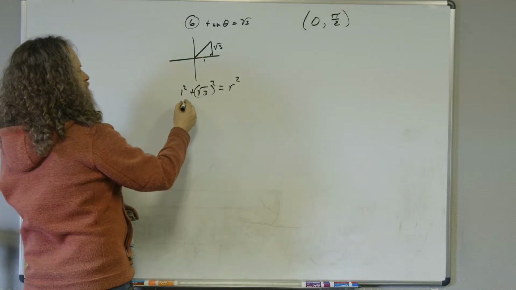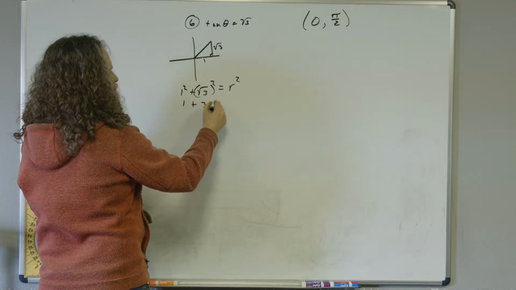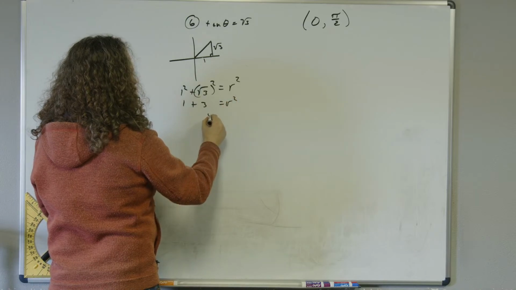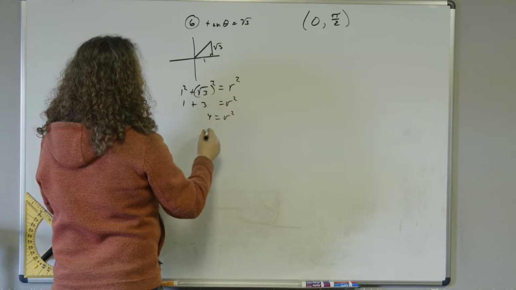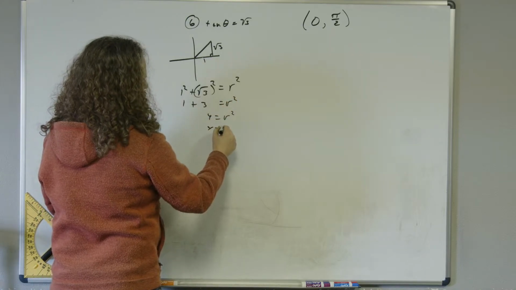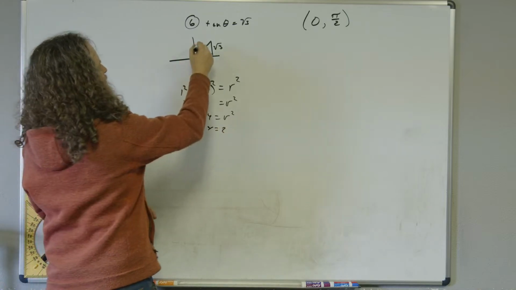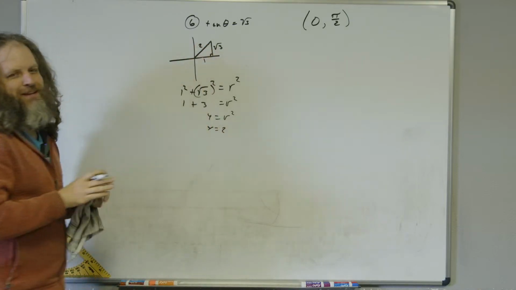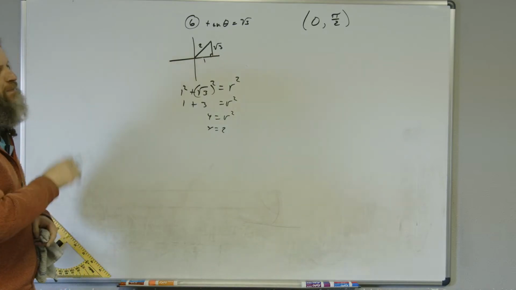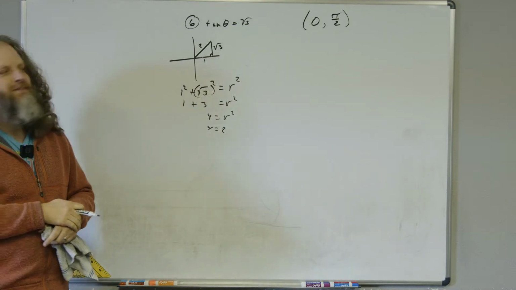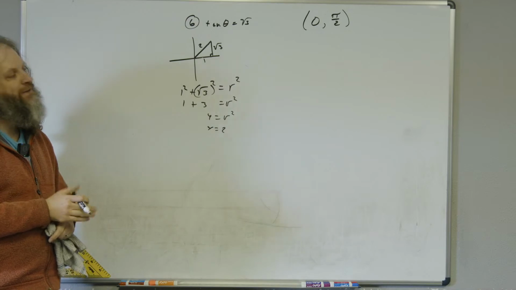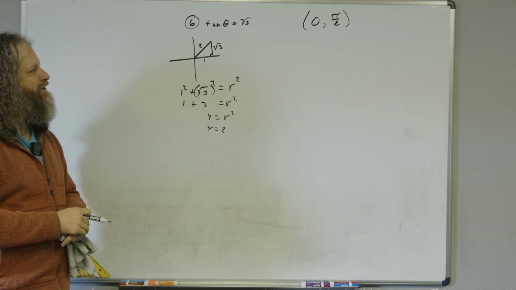So that gives us 4. And then surprise, surprise, it's 2, which we didn't really even need to do the Pythagorean theorem because that's a special right triangle, right? Yes, but if we didn't have it memorized, then we YOLO'd it.